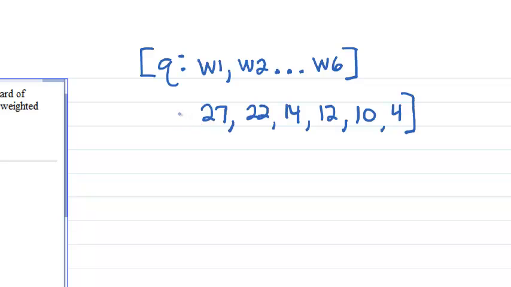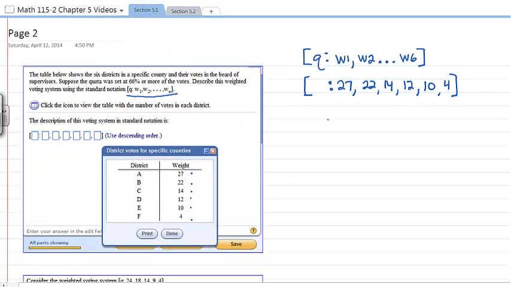Now we just have to figure out the quota. Usually to know the quota, you need to know the total number of votes, so let's do that first. We're just going to add these up: 27 plus 22 plus 14 plus 12 plus 10 plus 4. You're going to find that the total number of votes in this case is 89. Then they tell us they want the quota to be set at 66% or more of the votes.